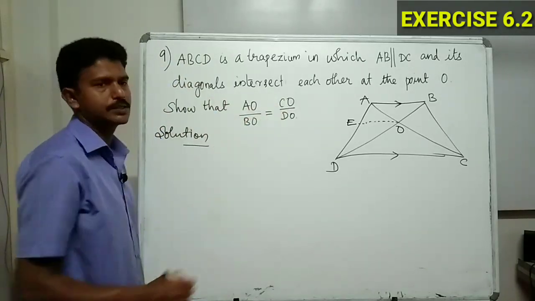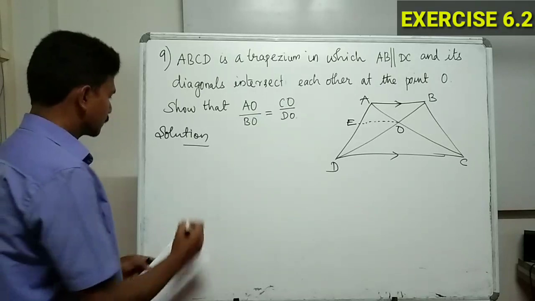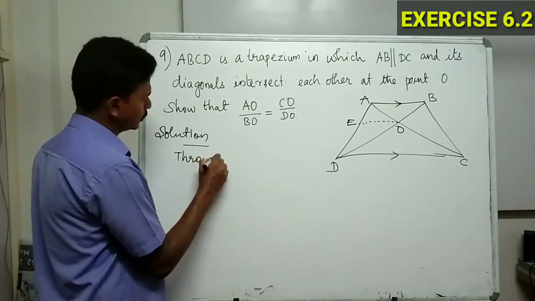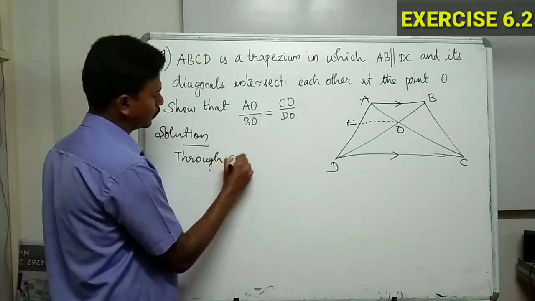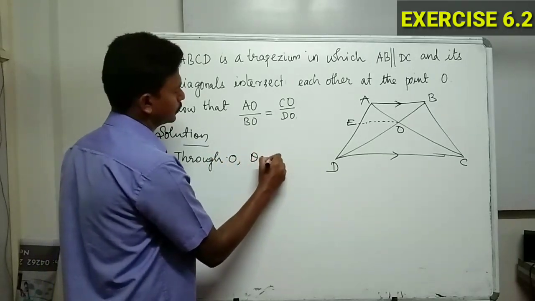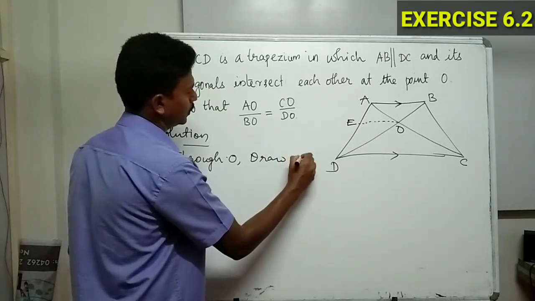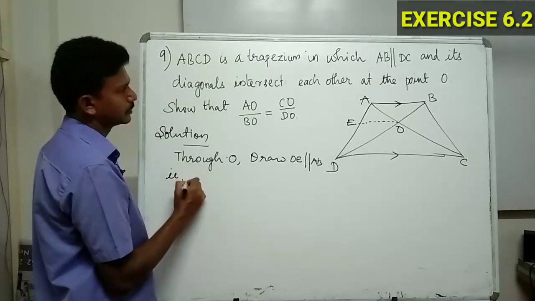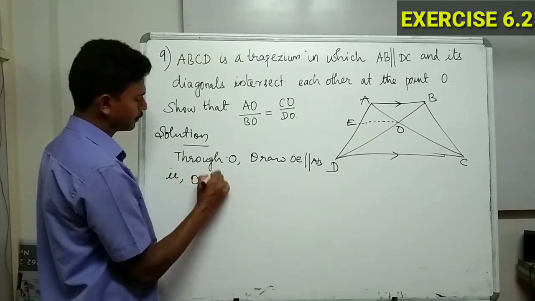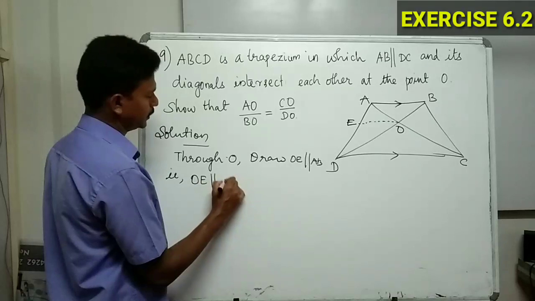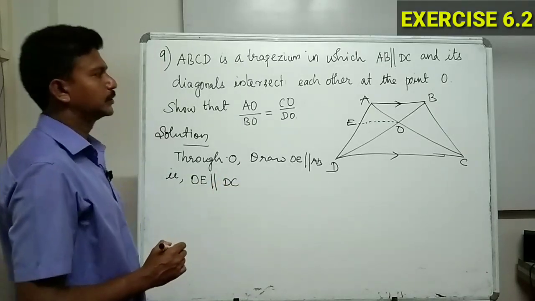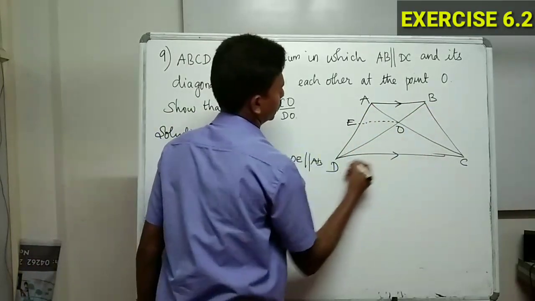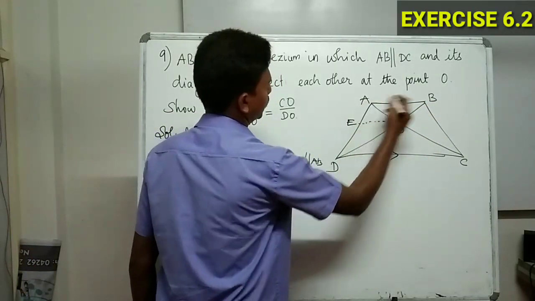So through O, we are going to draw OE parallel to AB, that is, OE is parallel to DC.